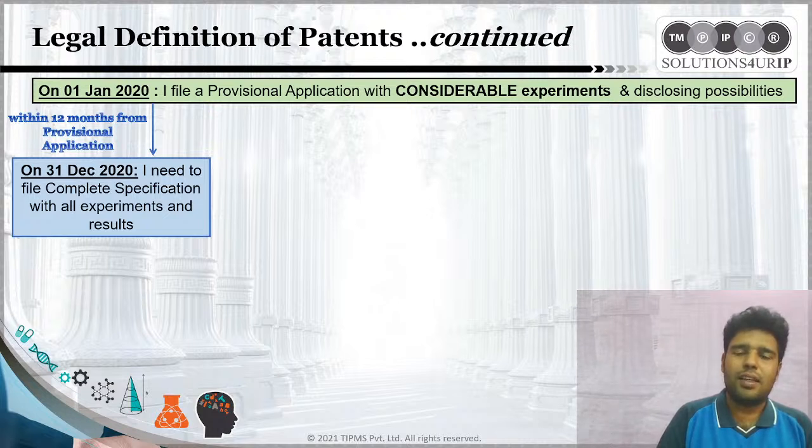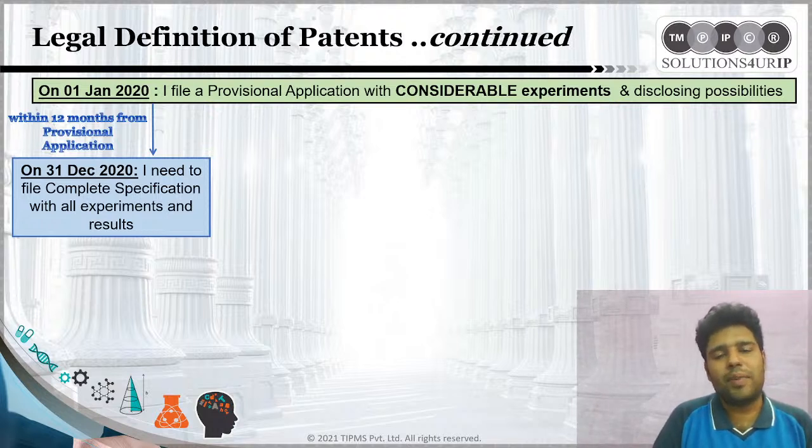Now since it is only 14 months of having filed the provisional patent application, there is still time remaining for filing the patent application in USA, and the question already mentions that the applicant has filed PCT application.